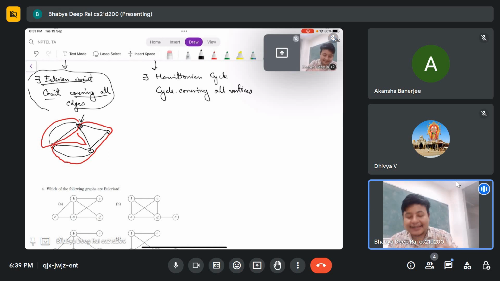So this is an example. Here I began from this vertex, took this edge, and this edge, then this edge, and here. Then I came back to the vertex I started from. Such a path is called an Eulerian circuit, and such a graph is called an Euler graph.